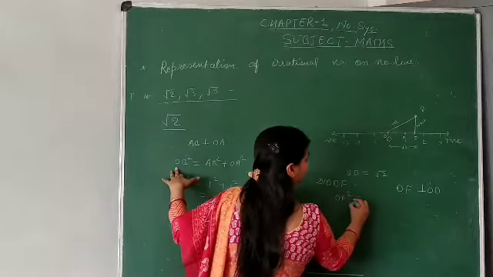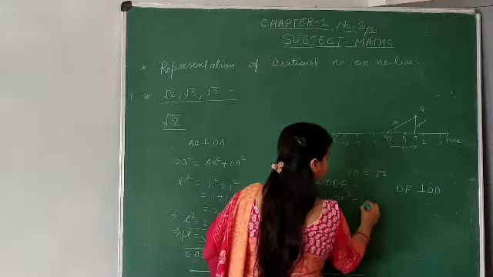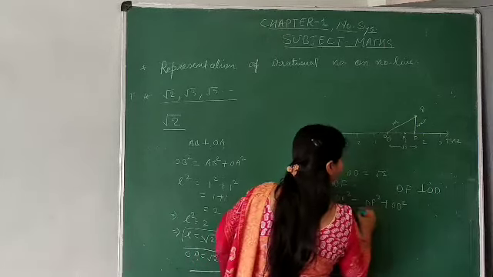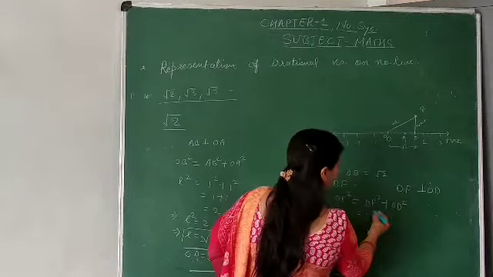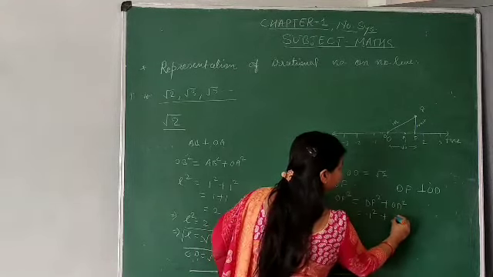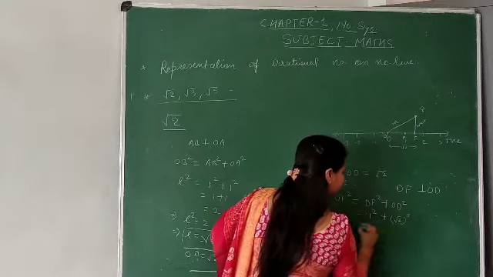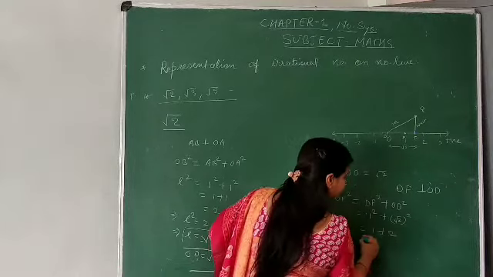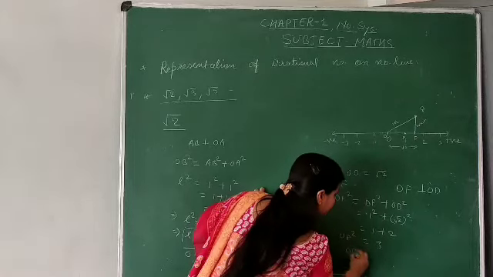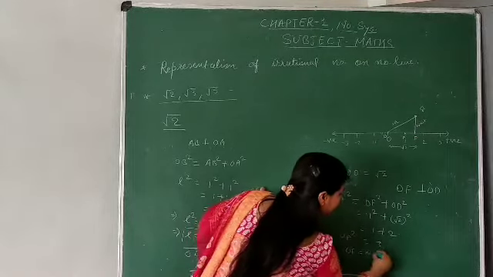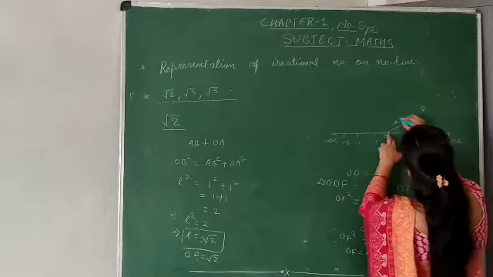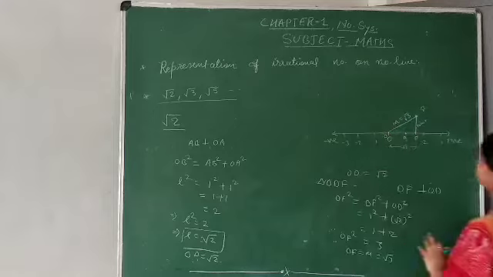OF square is equal to perpendicular square, that is DF square, plus base square, OD square. Distance of DF is 1 unit, so 1 square, and distance of OD is root 2, so root 2 square. It is 1 plus 2, so it is 3. So OF square is equal to 3. OF, which we have taken as m, is equal to under root 3. So distance of OF, that is m, is equal to under root 3.